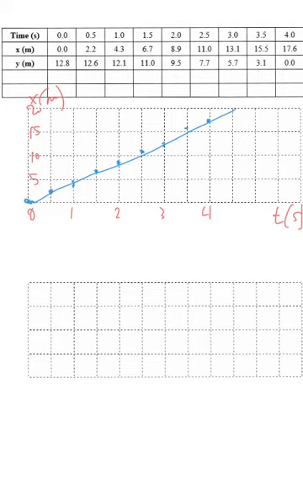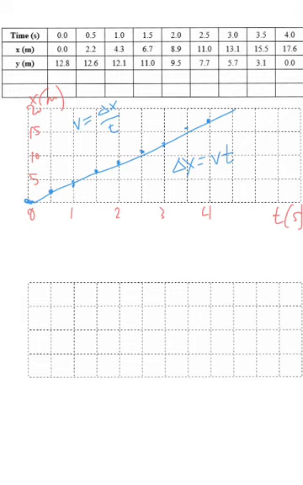Now, since we know that v is equal to delta x over t, that was the equation we did back on day 1, if you rearrange this equation for delta x, to get delta x by itself, you get delta x is equal to v times t. The delta x is just the same as saying x since it started from 0.